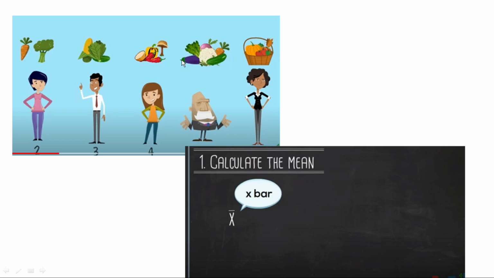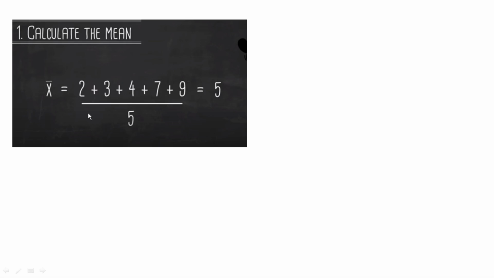Now here 5 are the actual individuals having these numbers of vegetables individually: 2, 3, 4, 7, 9. All together, that total value, 2 plus 3 is 5, plus 4 is 9, plus 7 is 16, plus 9 is 25. 25 upon 5 gives 5, which is the calculated mean value, simply called the x bar value.